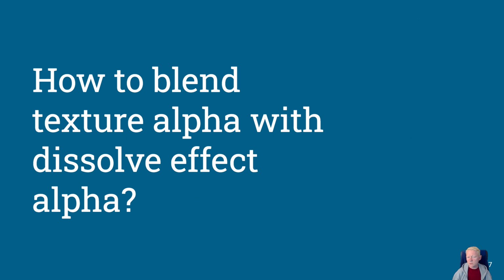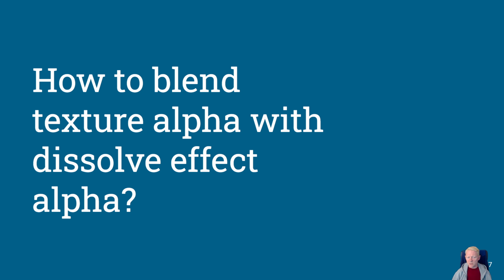Another question that came in was in reference to the tutorial about showing how to do a dissolve effect in the shader graph. The question was, if you've got a sprite, a common thing with a sprite is that you're going to be doing things like an alpha cutout, using the alpha channel to have particular sections of it not rendered.